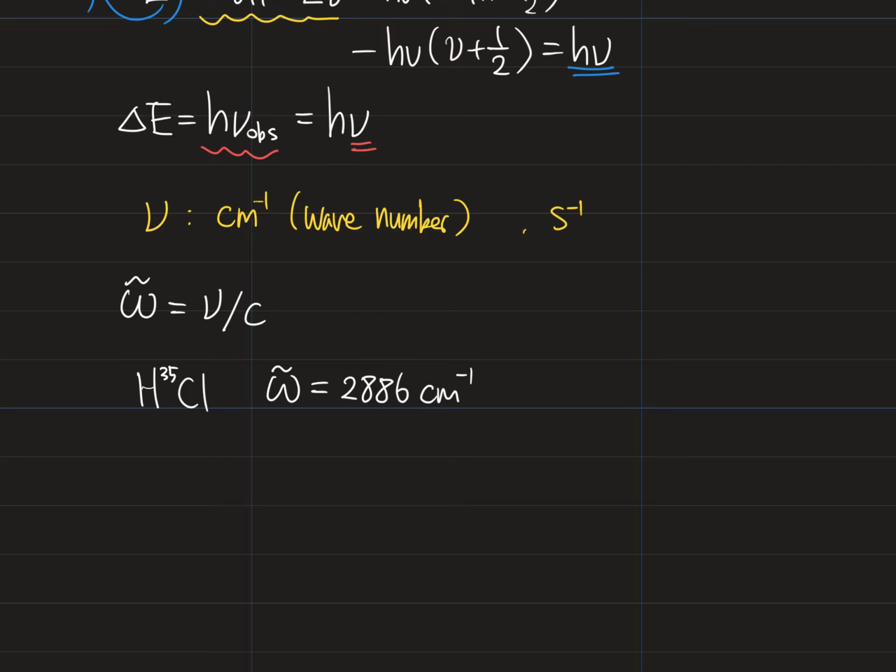And you can calculate from theory, and you might find that the theory is actually reproducing this value well. So there is a connection between the very fundamental theory and experimental observations. Okay, let's move on to the next section.